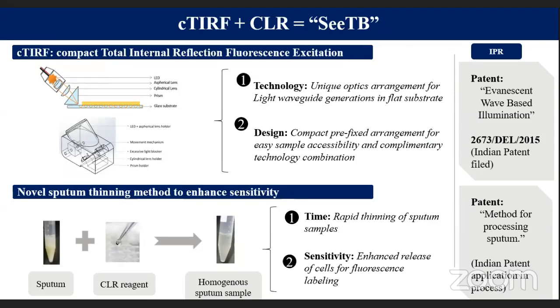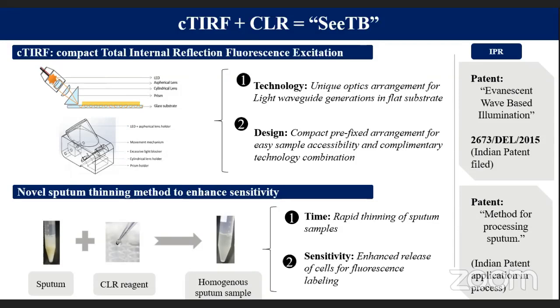Otherwise, one part of the sputum which we have taken might not have even one bacillus, the rest of the sputum might have a lot of bacilli, and still the test will come out negative, despite the person being full of tuberculosis infection. So we have also developed a thinning reagent, which we named CLR reagent.